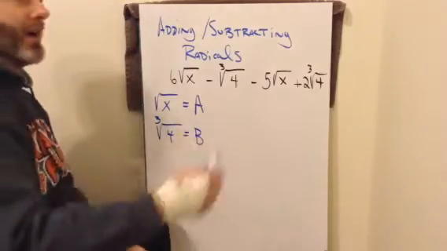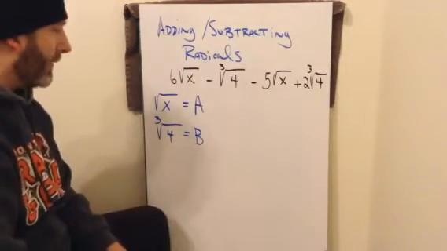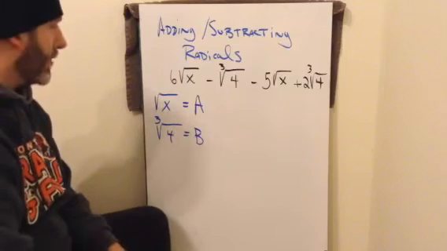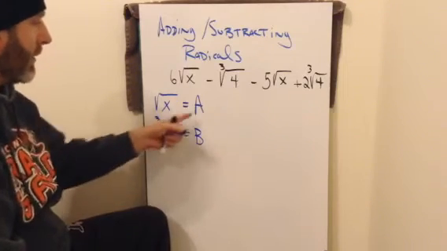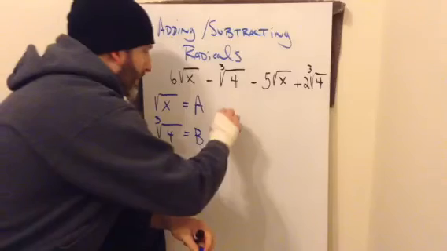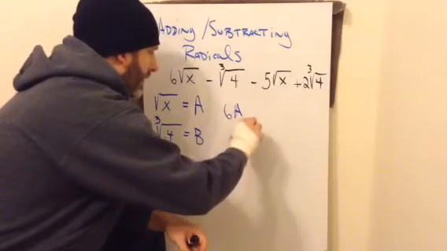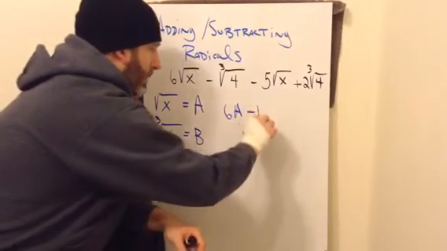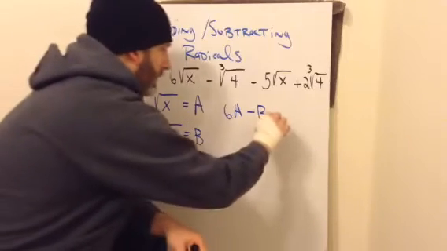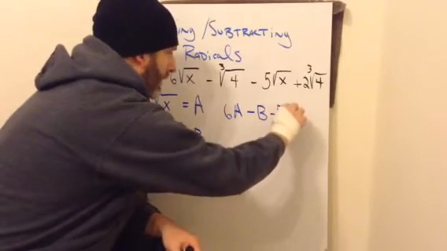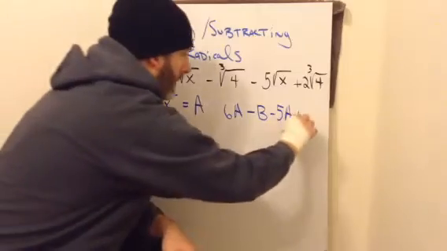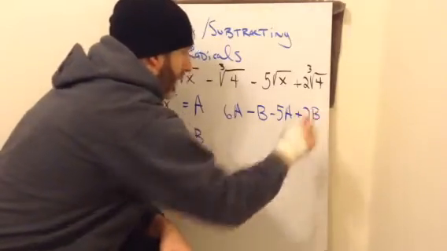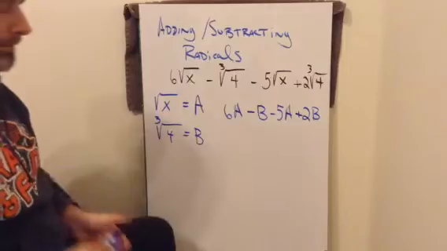I want to touch on some information I know you already have. So where I see these, I'm going to put these. So this becomes 6a minus b minus 5a plus 2b.